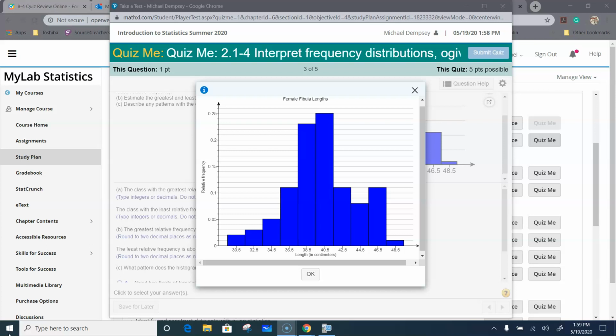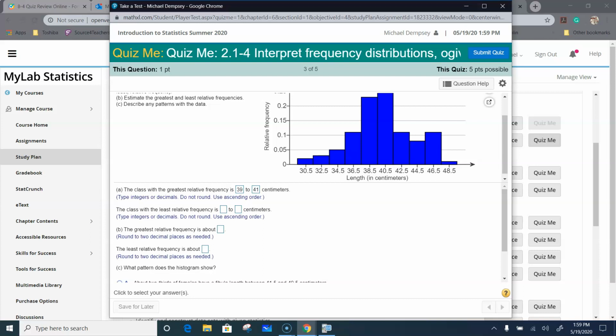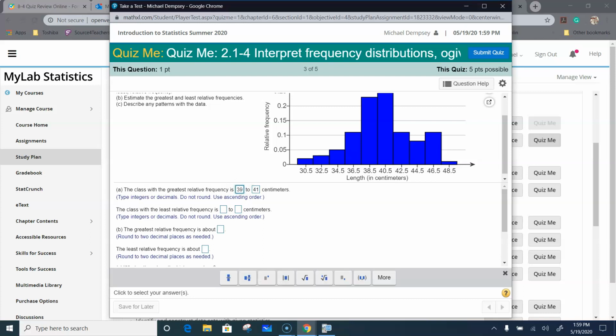So if we were looking at the class boundaries, we would just go one to the left and one to the right of that, and that would go from 39.5 to 41.5, right? Just add 1 in each direction, or add and subtract, to get 39.5 and 41.5. Okay, so if they wanted the class boundaries, we could use those.